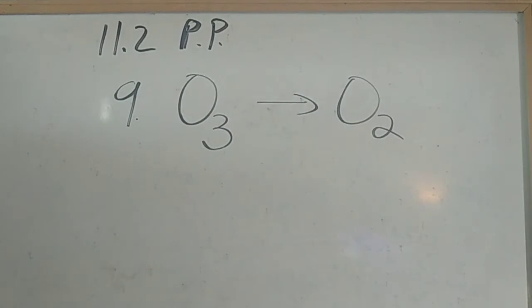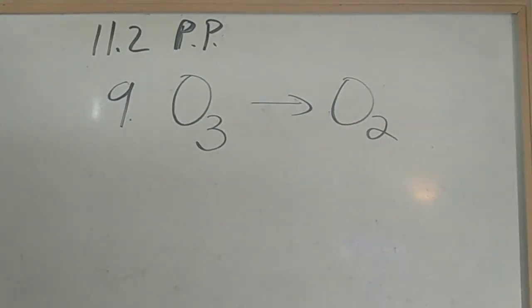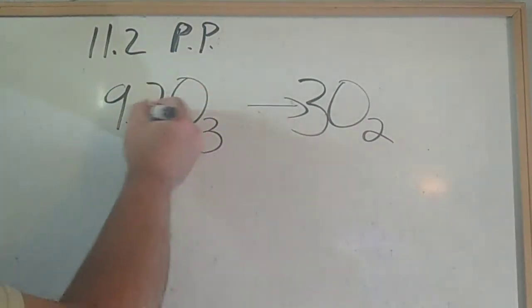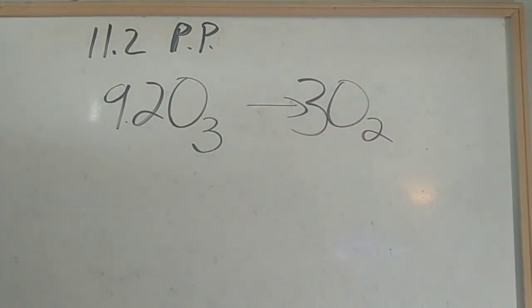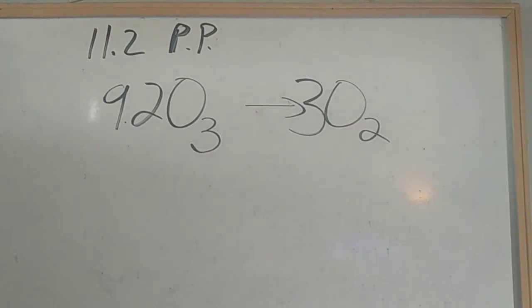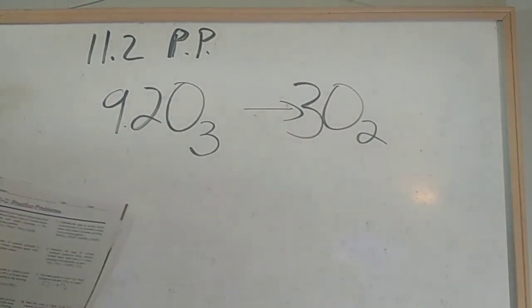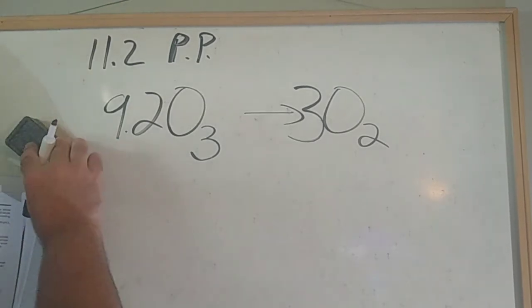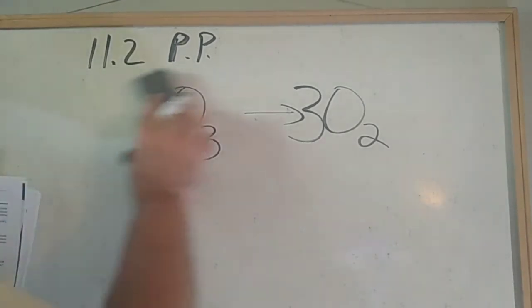That's the equation. Now we just got to balance it. And to balance that, you should have put a coefficient 3 there and a 2 there, and then you can solve the rest of number 9. I'm not going to do the rest of that one for you. If you have questions, again, email me with specific questions, and I will get right back to you with those. That was number 9, just real quick.